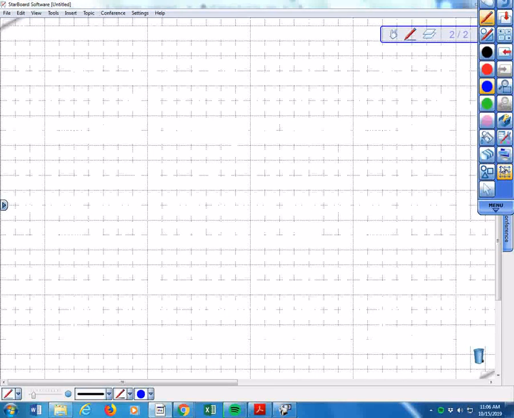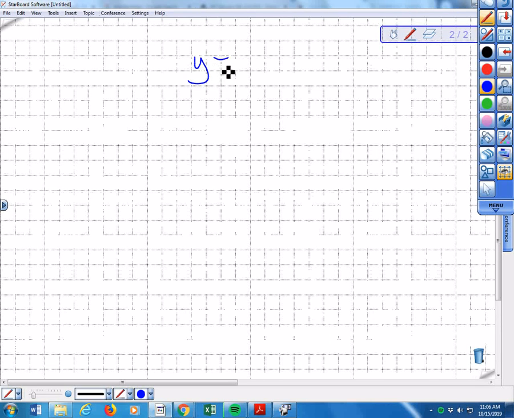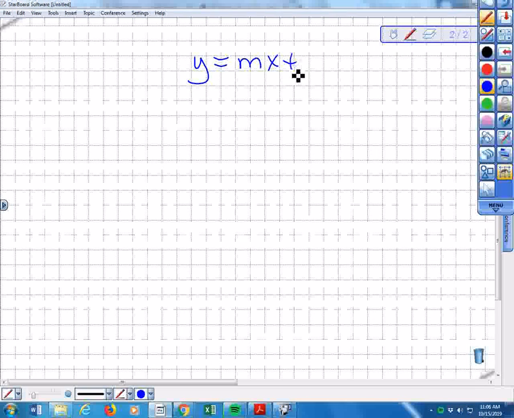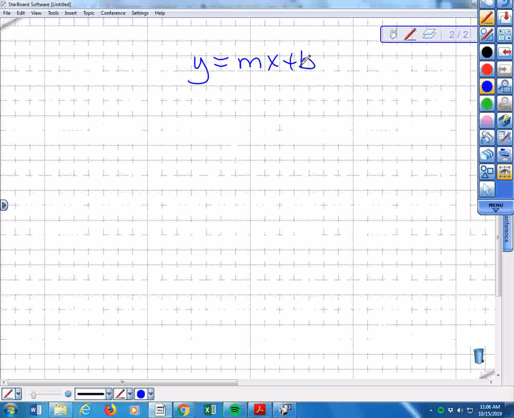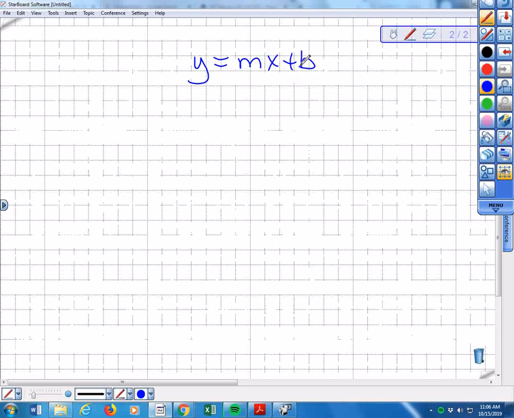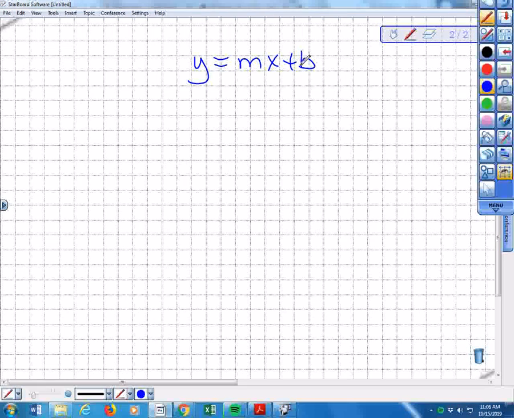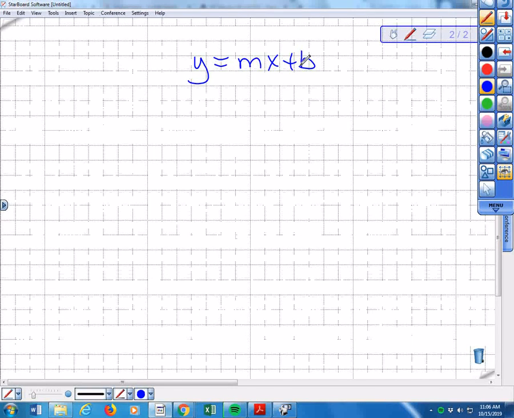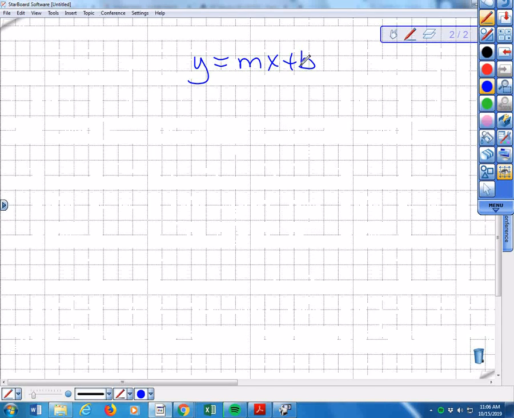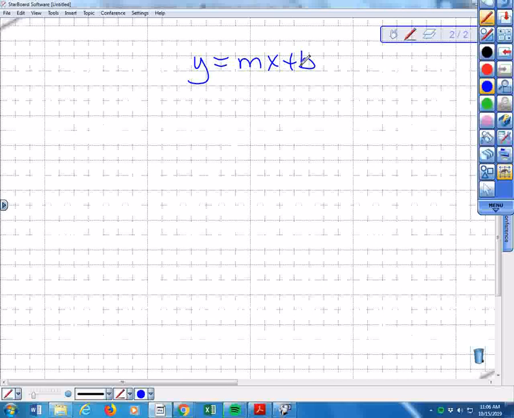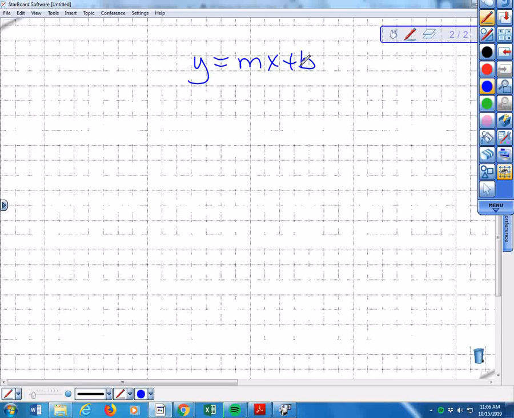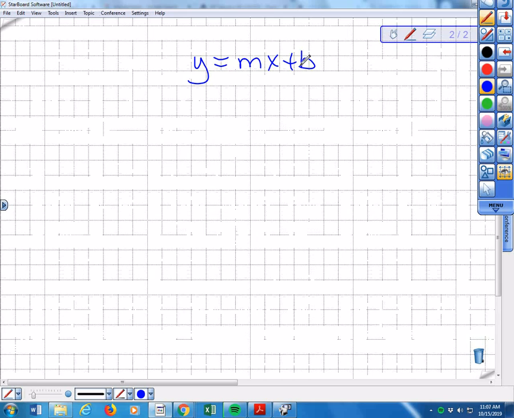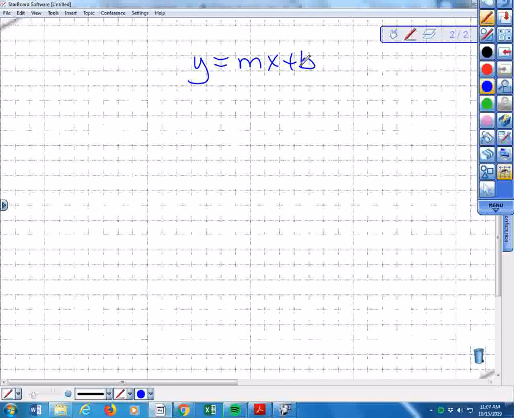And the easiest form is called the slope-intercept form, right? Where m is your slope and b is what? Y-intercept. And tell me again what the y-intercept means. It's where the line crosses the y-axis. Right, where the line crosses the y-axis. So it doesn't tell us anything about where it crosses the x, but it's just where it crosses the y. So m is the slope, b is your y-intercept.